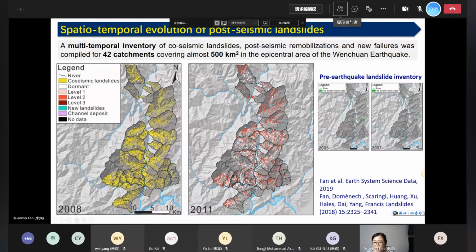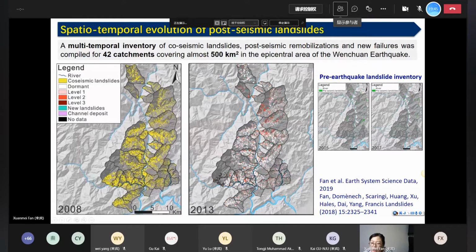This is the inventory mapped after the first strong rainfall after the earthquake. The different reddish colors represent the reactivation of co-seismic landslide deposits, and the red color means dormant landslides. As you can see here, in 2011, after a big rainfall event in 2010, most of the co-seismic landslide deposits became reactivated or remobilized.